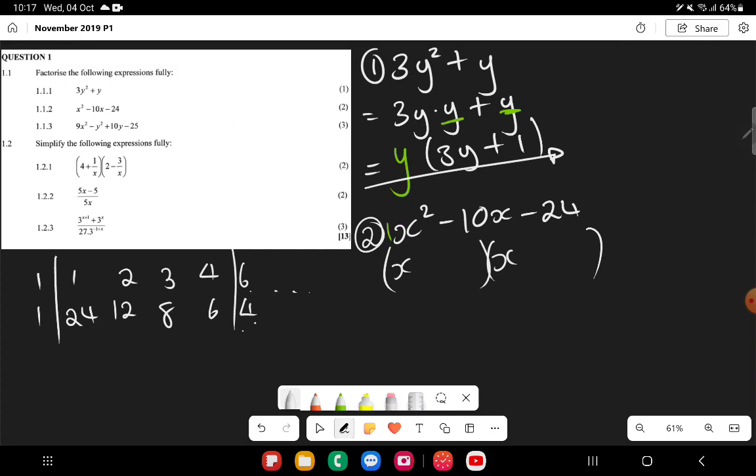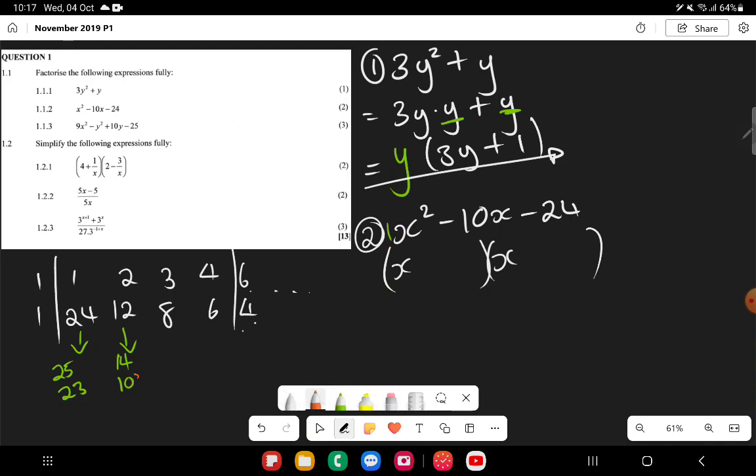So now I want to figure out how do I get negative 10. So I'm going to add them up. 24 and 1 will either give me 25 if I add them, or if I subtract one from the other, I will get 23, plus or minus 23. 12 and 2 will either give me 14 if I add, or 10 if I subtract.